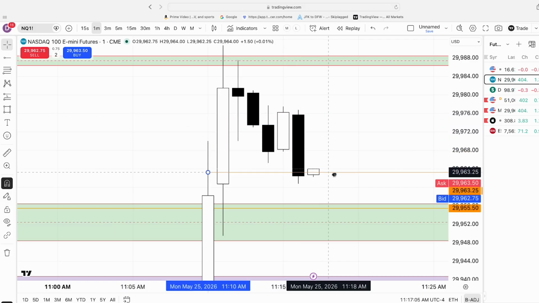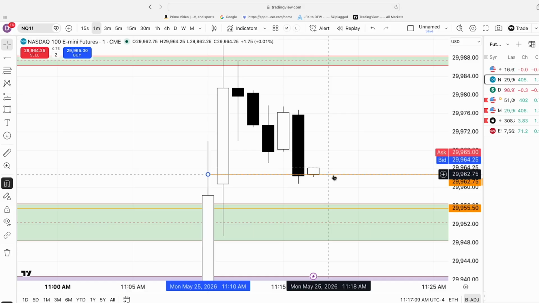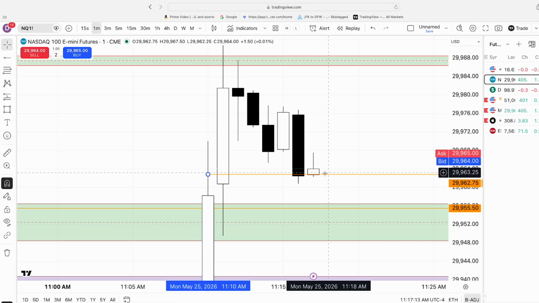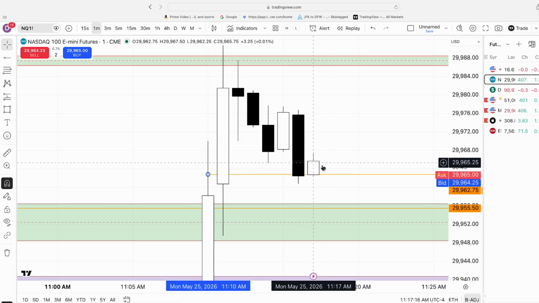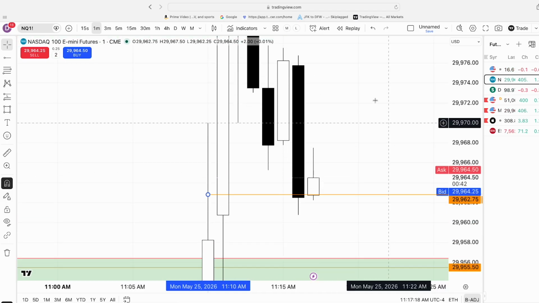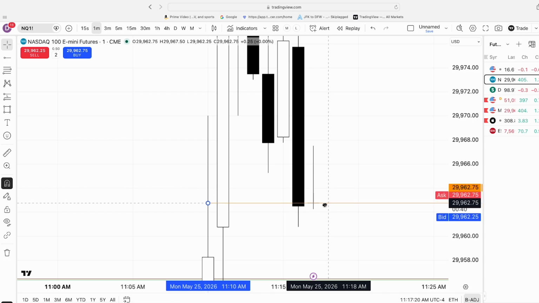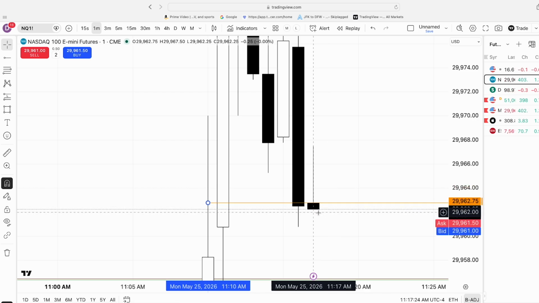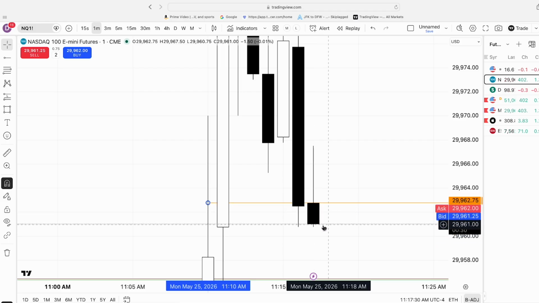Now this candle, it opened right here. I'm going to watch how this candle forms. And at some point it came a little bit here. It's white because right now it is above this line. See, this is where it opened. Now it's below the line, so it turned black because the opening is here and now it's down here.